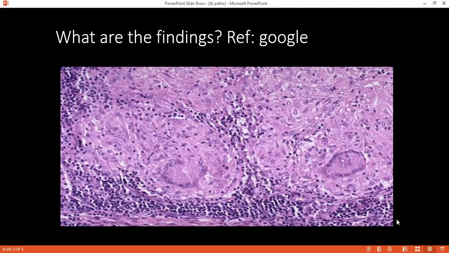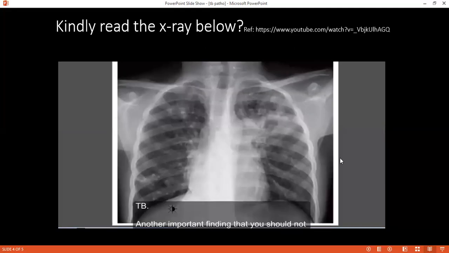Before we go, can you help me read this X-ray, please? This is a chest X-ray, PA view, with adequate exposure, showing bilateral hilar shadows.